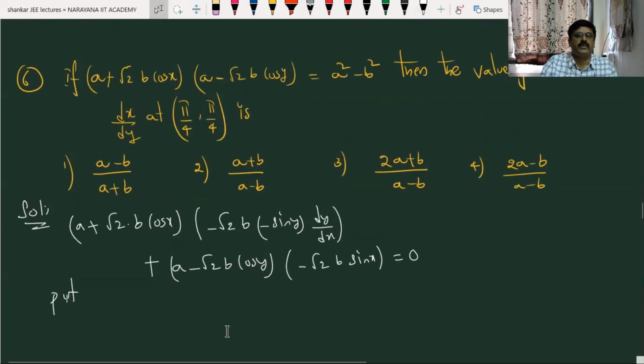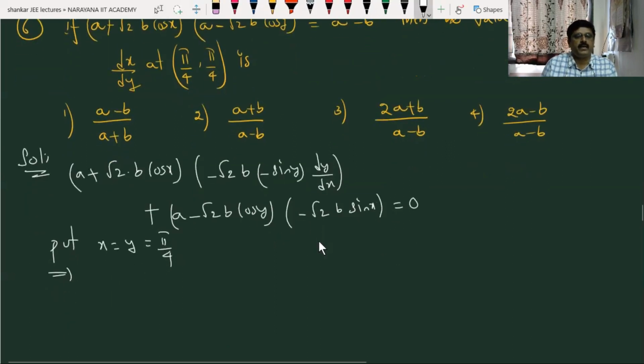So what I am going to do is put x is equal to y is equal to pi by 4, students. Then you will be left with a plus root 2b into cos pi by 4, 1 by root 2, into, what is this, students?